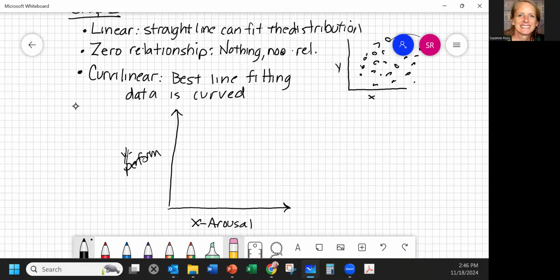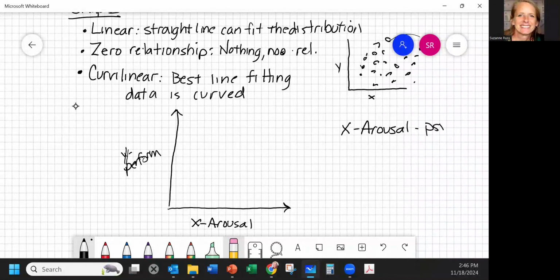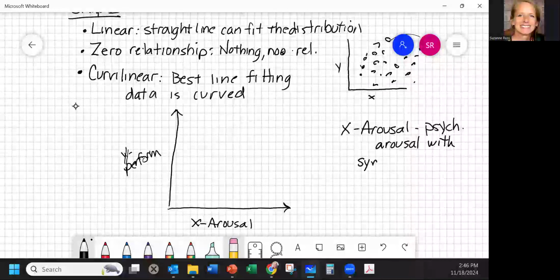And so x variable always first, arousal. We can think of this as being like psychological arousal with sympathetic nervous system activation. So your heart's beating faster.